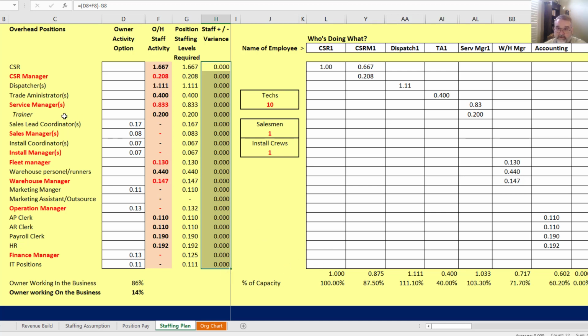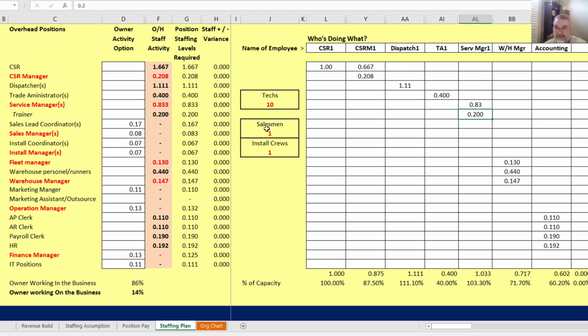And so your management, to focus in on the management, right now at this point, I need 0.83% of a manager for 10 technicians. Now, that doesn't mean I don't need a full-time manager. I do need a full-time manager. But he's only 83% efficient wearing that manager hat. So he can take on more people, basically.